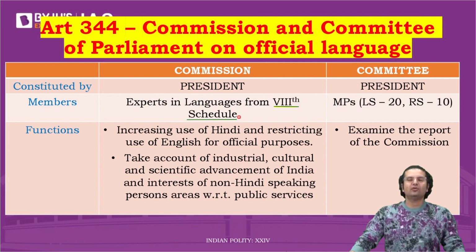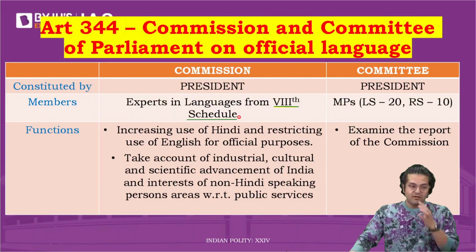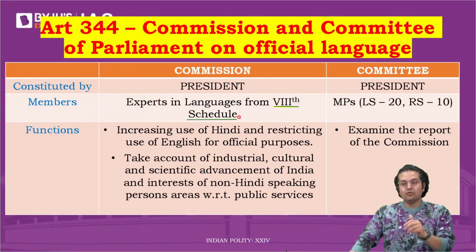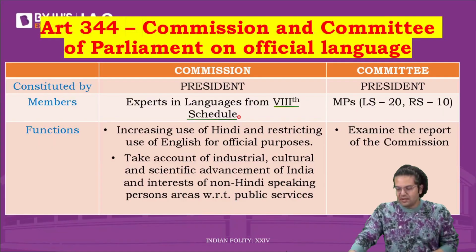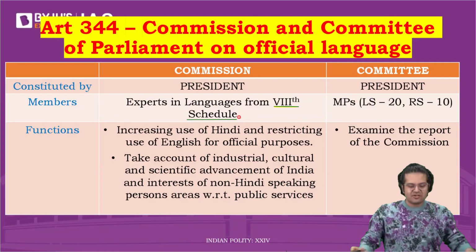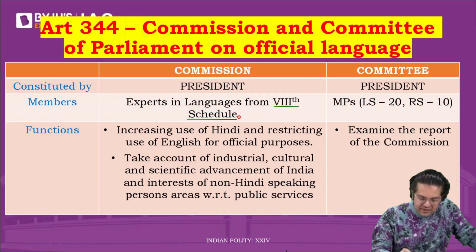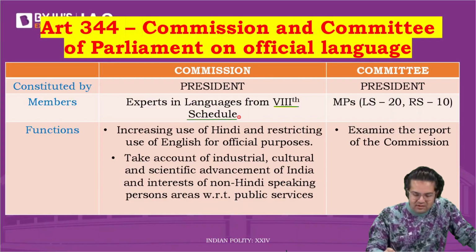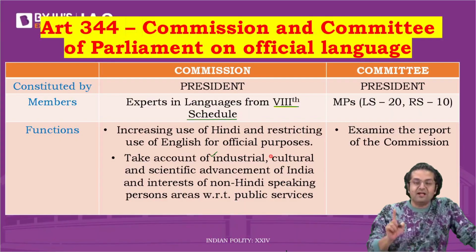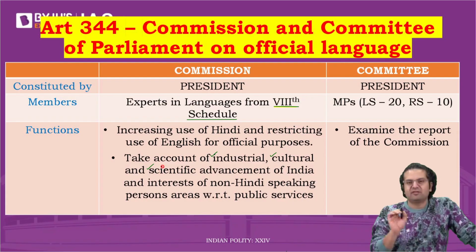Their task is to increase the use of Hindi and decrease the use of English. Now, when you give suggestions on how to increase the use of Hindi, please do not give suggestions which can hamper the country's industrial growth, cultural growth, scientific growth, and it should not violate the interest of non-Hindi speaking persons.